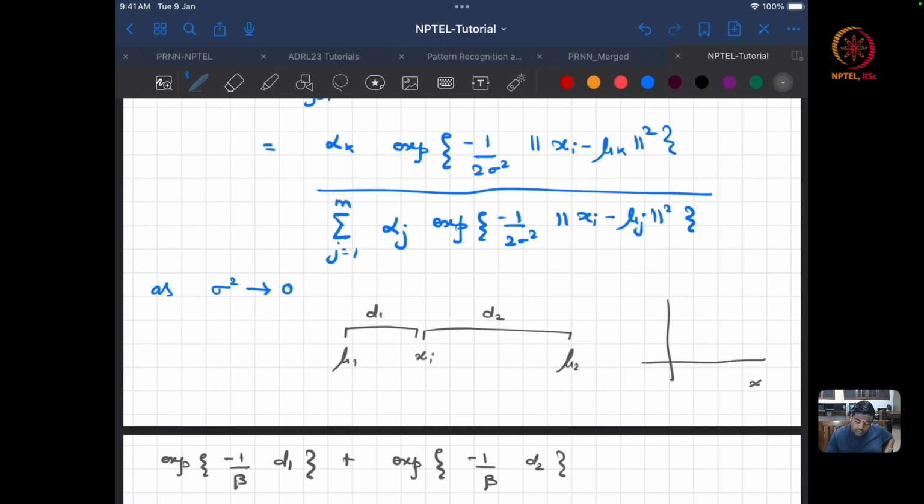Sorry for my bad writing, it is e power minus x.